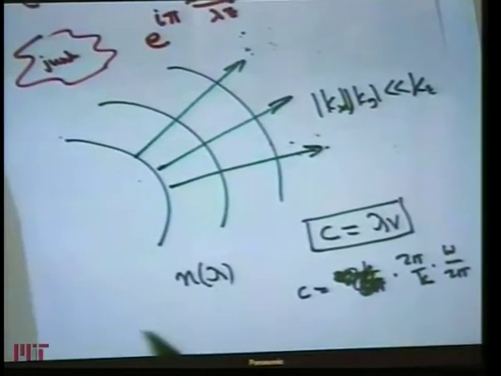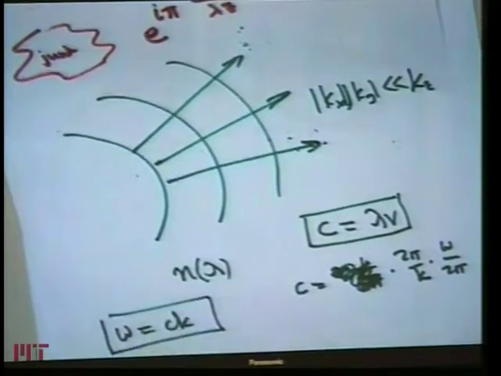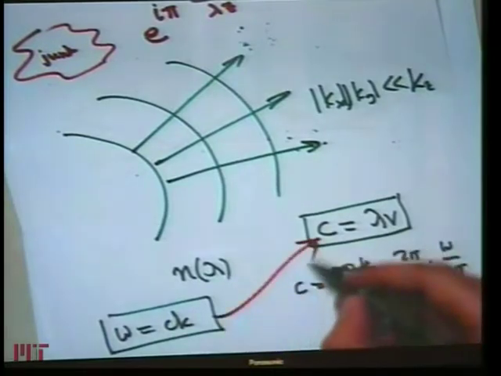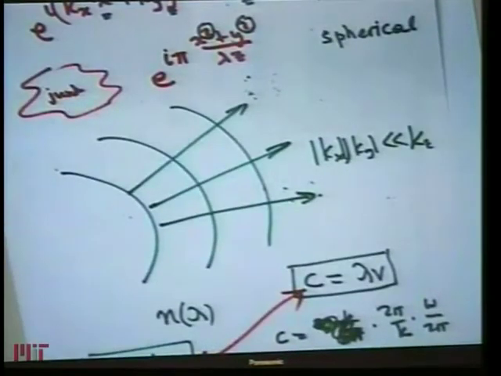So in free space then you have omega equals ck. This is an equivalent way of writing this equation here. These are basically the same equation. So in free space this is a straight line.